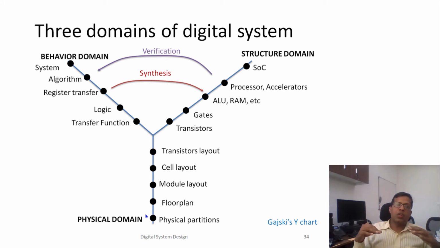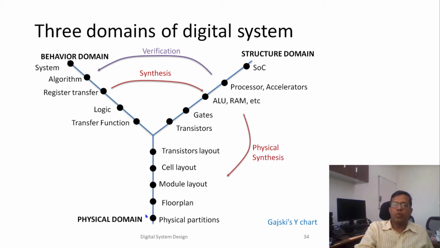In the layout, we know where all the transistors are and how they are connected to each other. They would be connected using wires, but all that connection information is there. This whole information, where transistors are and how they are connected, is called physical synthesis. This whole process could be determined using physical synthesis.